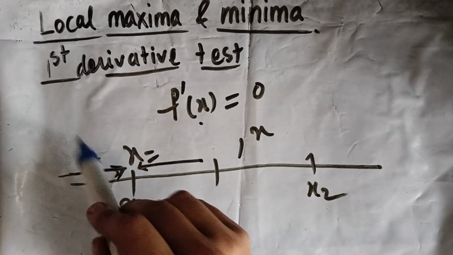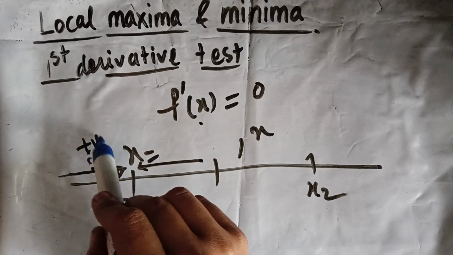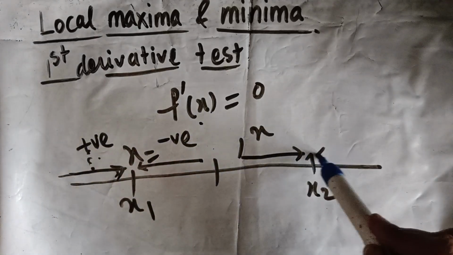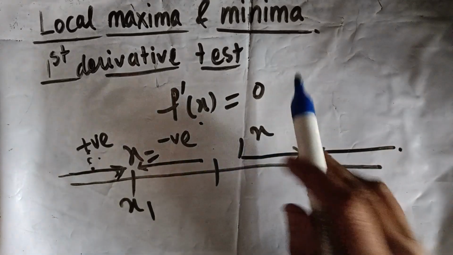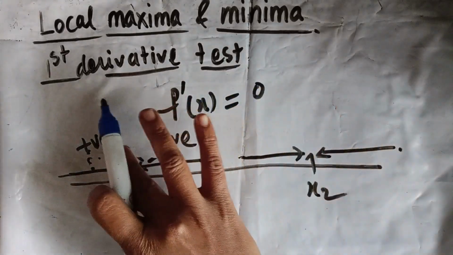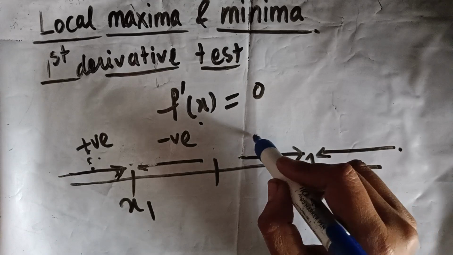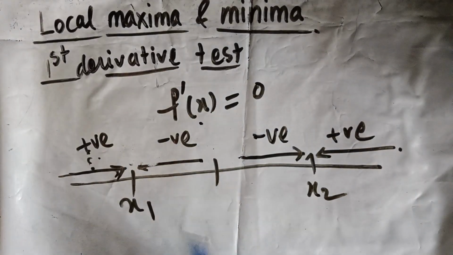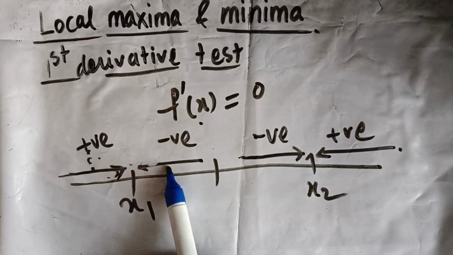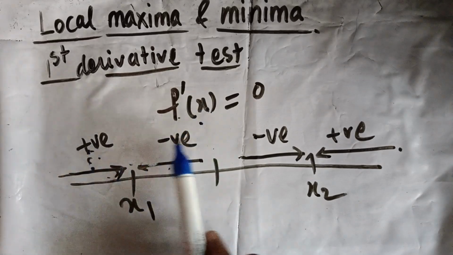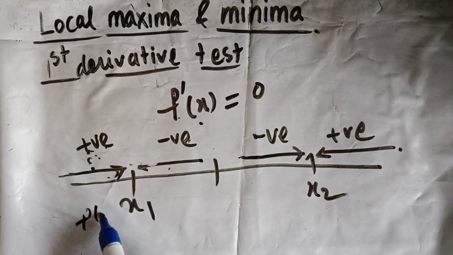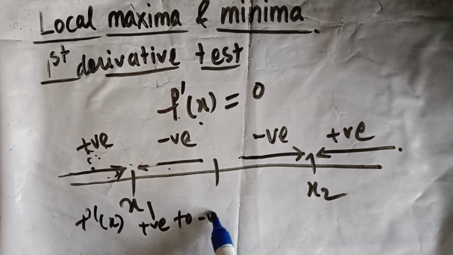And then you have to see the sign. If this is positive, this is negative. Again for this point, you are getting negative and positive. Now you have to put those values in f dash of x, then only you will get this sign. So here f dash of x is changing sign from positive to negative.